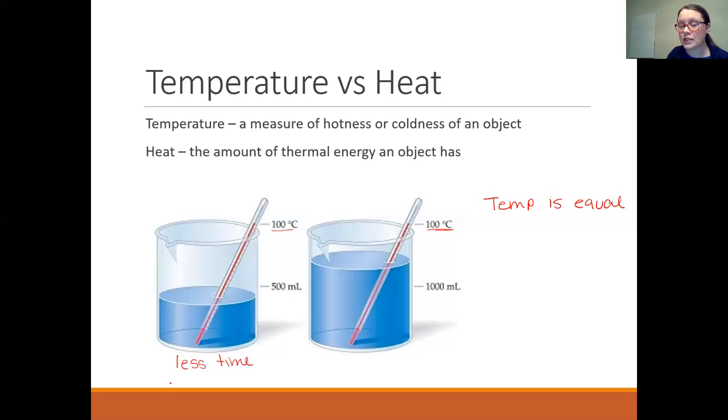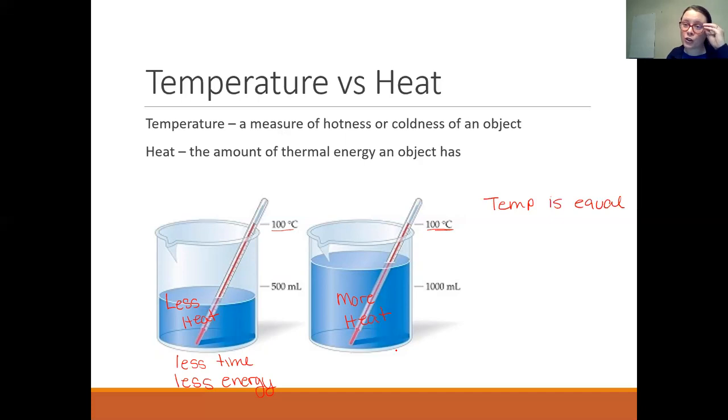And if it takes less time on the stove, it's going to require less energy. Okay? So if it has less energy, that means, the big word is, it has less heat as compared to this one, which has more heat. Because there's more stuff to heat up.